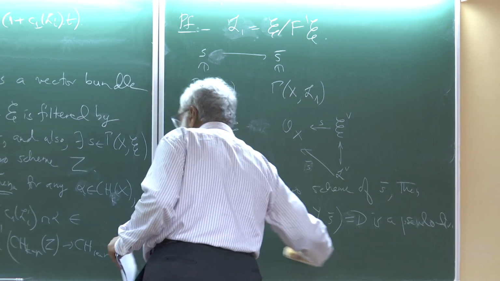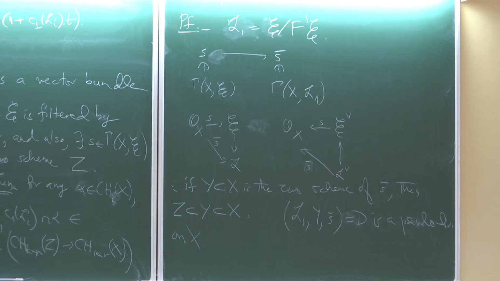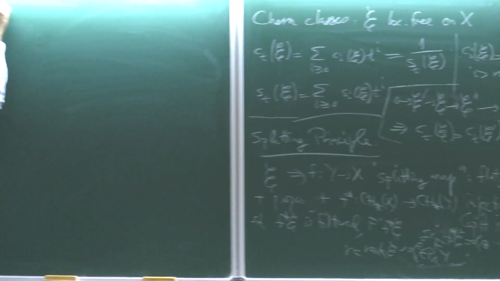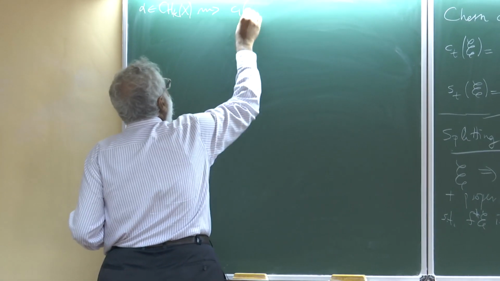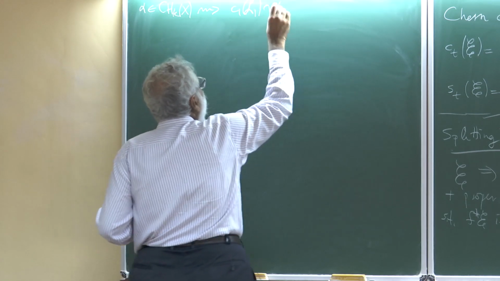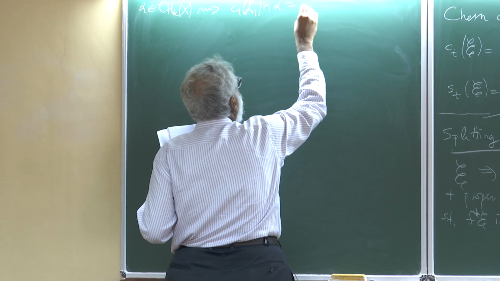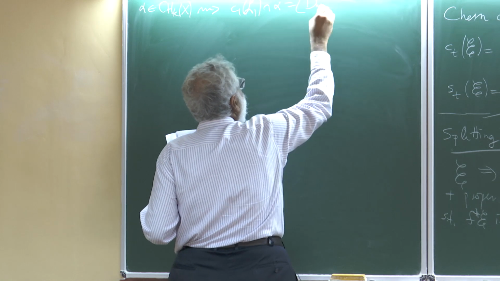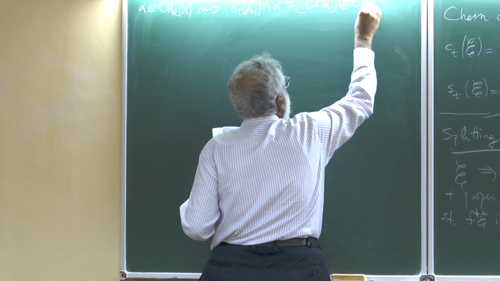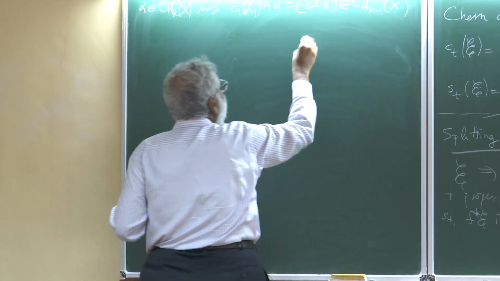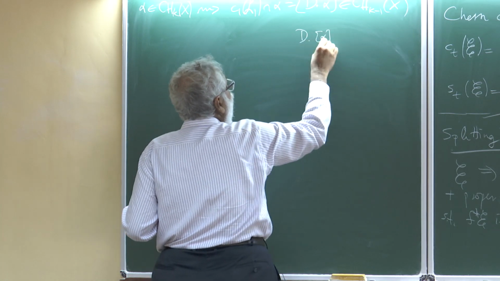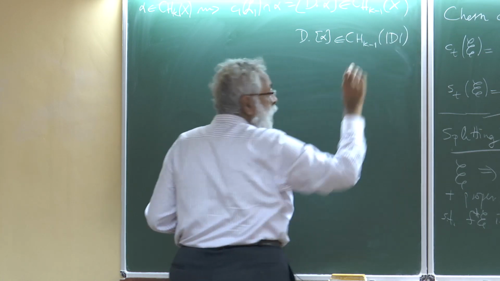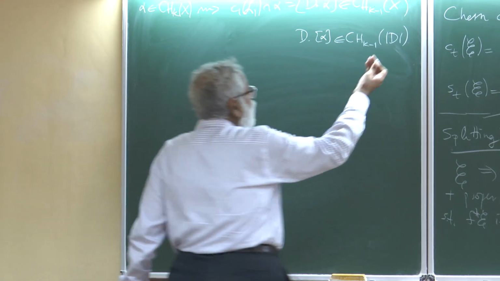So I started with an alpha in Chow K of X, which gives rise to C1 of L1 cap alpha, which is the class of D dot alpha in Chow K minus 1 of X. But we know that in fact D dot alpha already makes sense in Chow K minus 1 of mod D, which is another Y in our example.